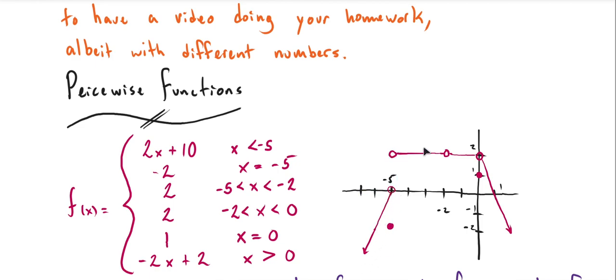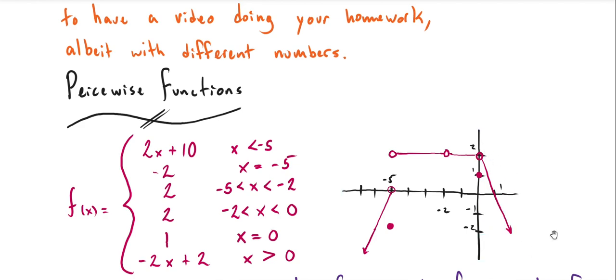Then we have this constant value of 2 between negative 5 and 0, with negative 2's value left out. Now, values left out are indicated by open circles. Closed circles indicate a function value at a point. So here at negative 5, we are given the value of negative 2. And here at 0, the function has the value of 1. Here at negative 2, there is no value, it's undefined. And for positive values, we can see it has the graph negative 2x plus 2.